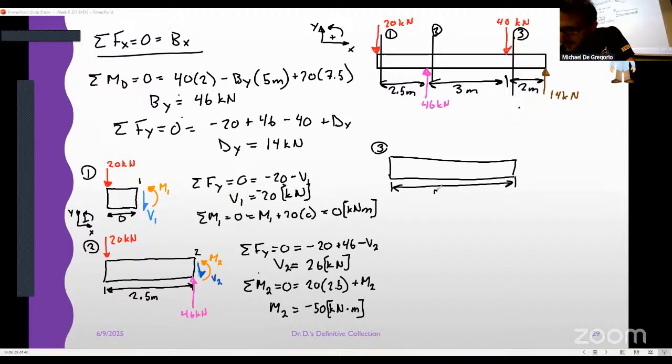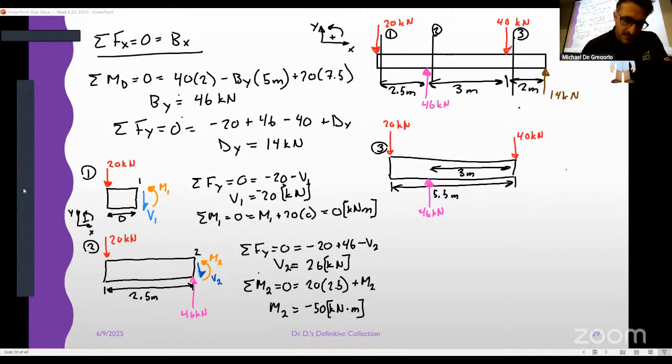This whole length is now 5.5 meters. I got 20 kilonewtons there. I got 46 kilonewtons here. You know this distance from here to here, 3 meters. And then we got 40 kilonewtons pushing down here.